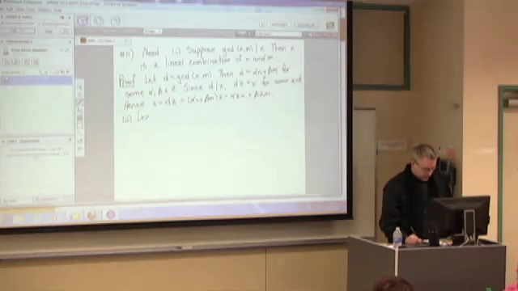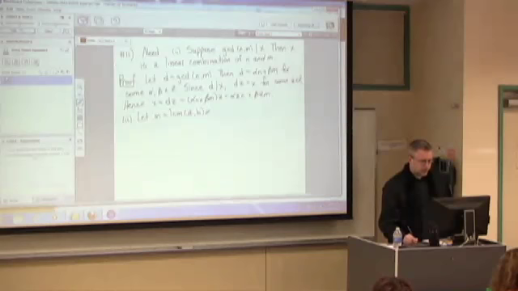Let m be the least common multiple of, and I'm just going to use a and b in this case. In the homework problem, the a and b are the moduli of the congruences, but it's the same idea. Let m be the least common multiple of a and b.